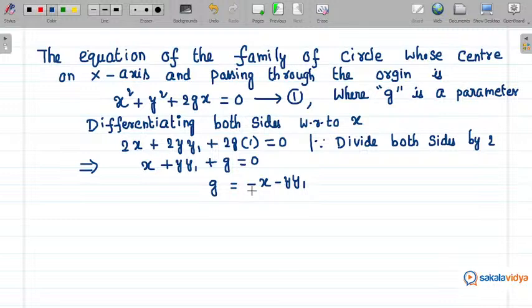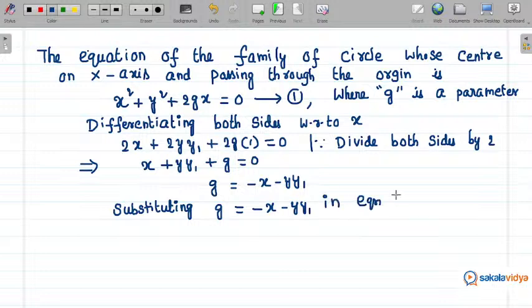Substitute g is equal to minus x minus y y1 in equation 1.